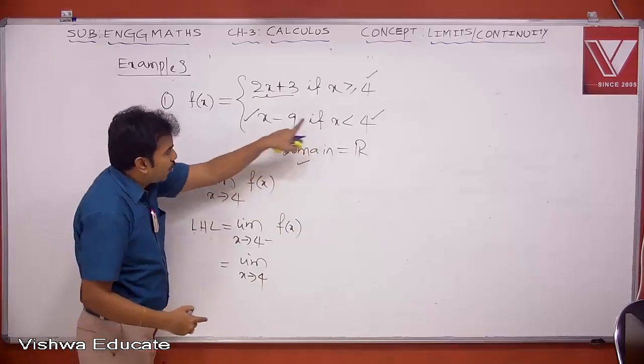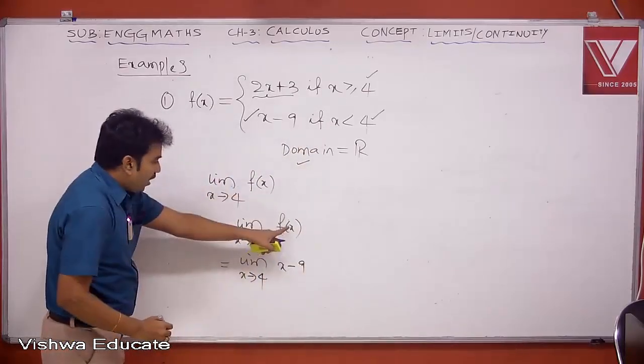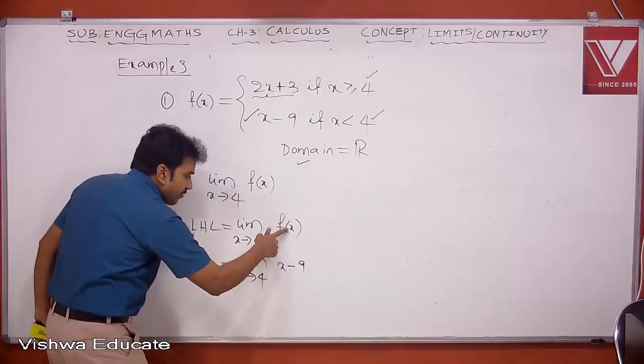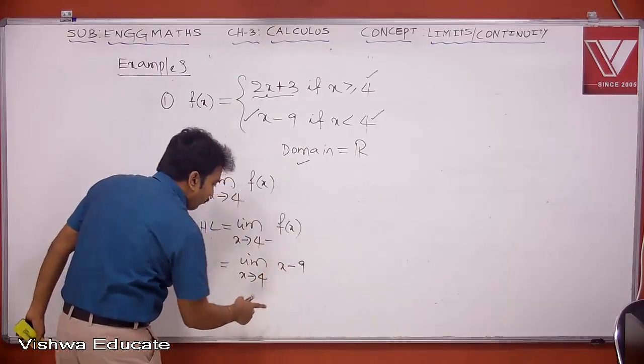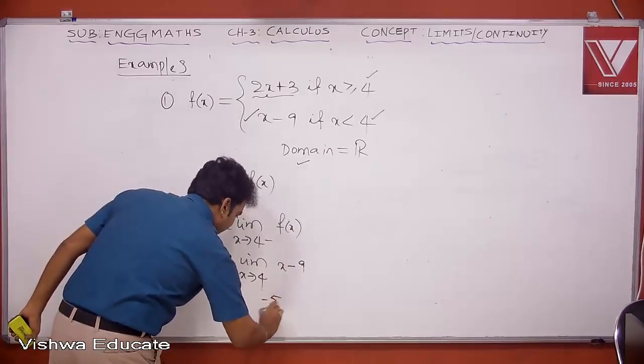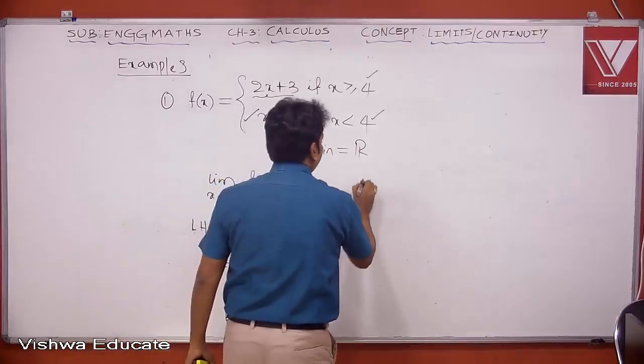When x is less than 4, f of x is x minus 9. Now replace x by 4. So this is 4 minus 9, which is minus 5.